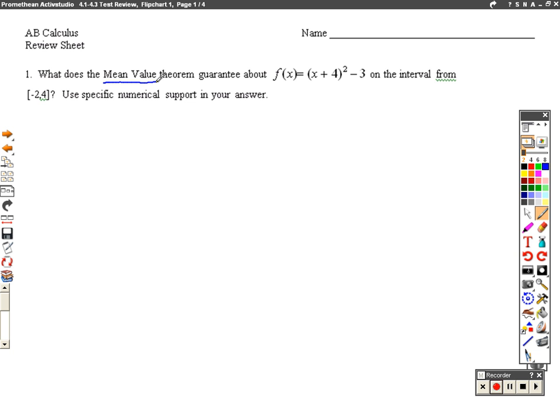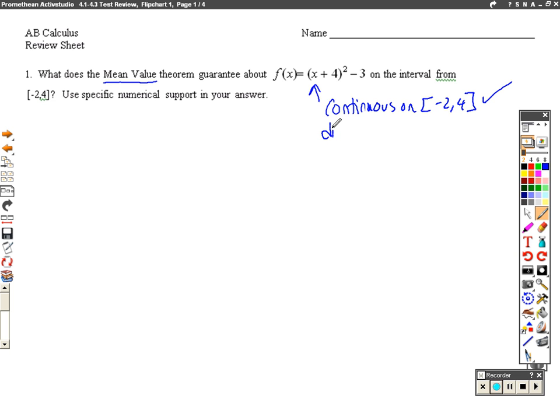Now, first of all, we need to do a mental check. We can only use this theorem if this is continuous on -2 to 4, which it is, because this is just a squared function, no fractions, no roots, and no logs.